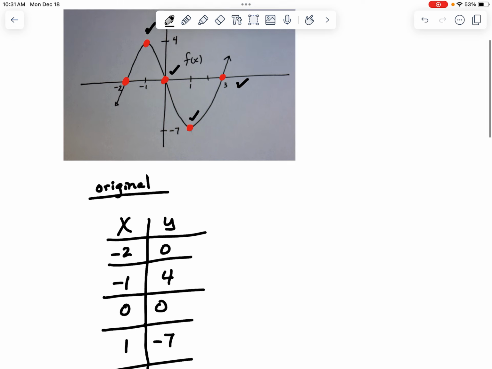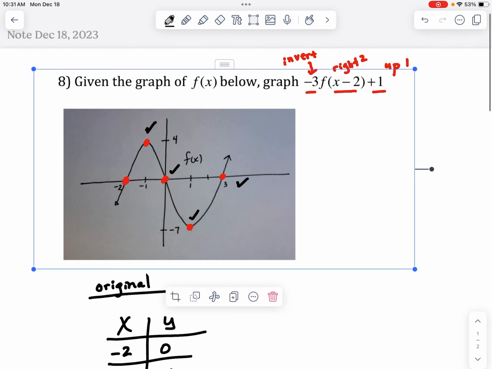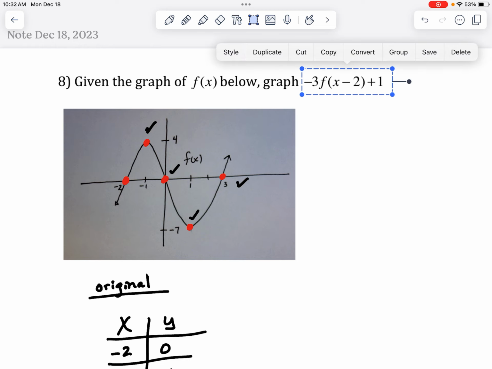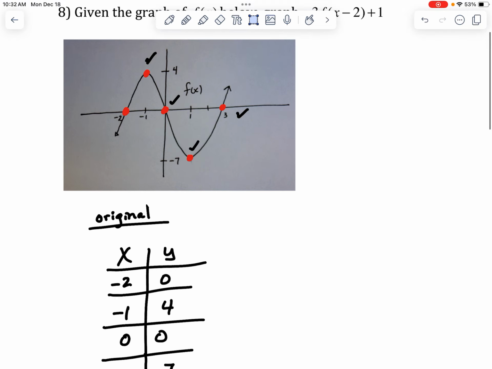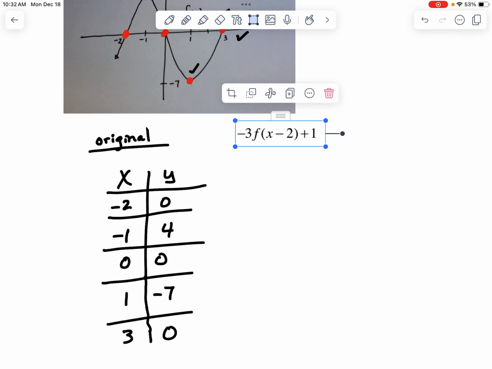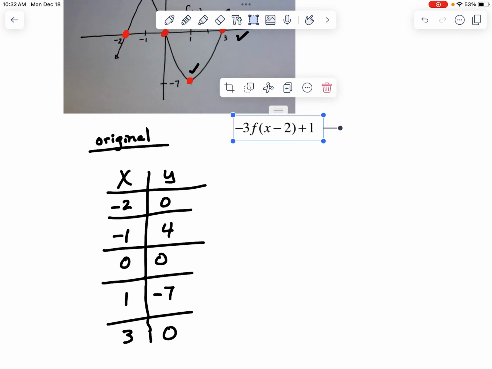And then I need to just grab this. Copy that, move it over here so that I can see it. Okay, there we go. All right, so if you watched the last podcast, you know that X minus 2 in the parentheses moves it to the right.